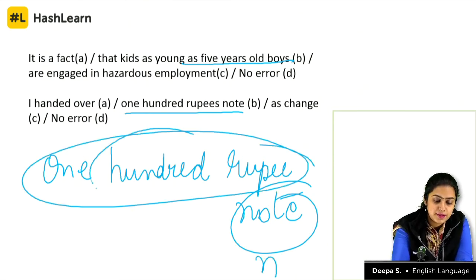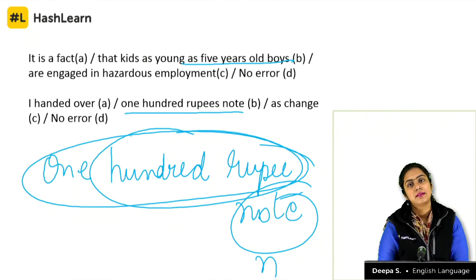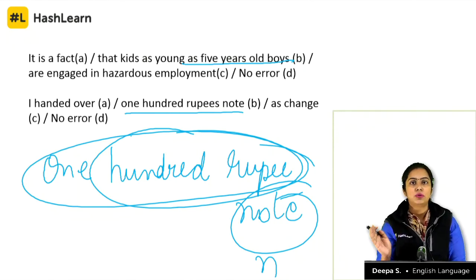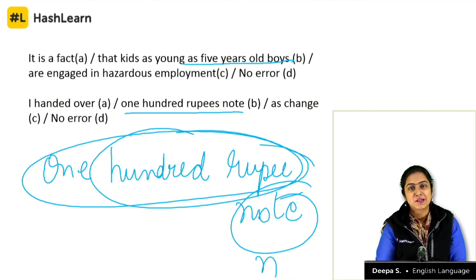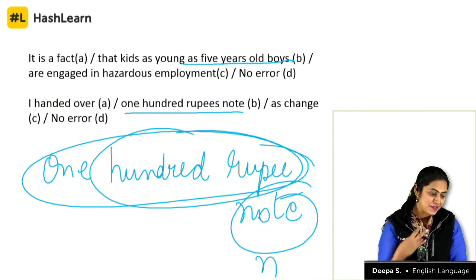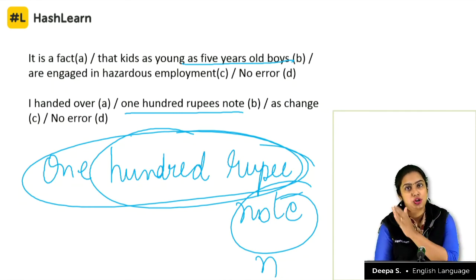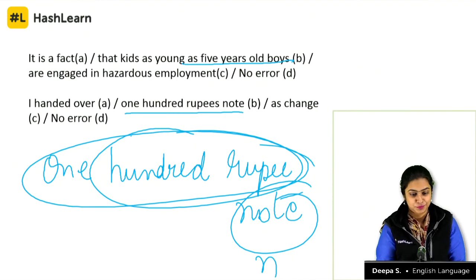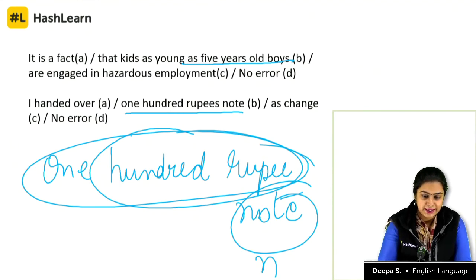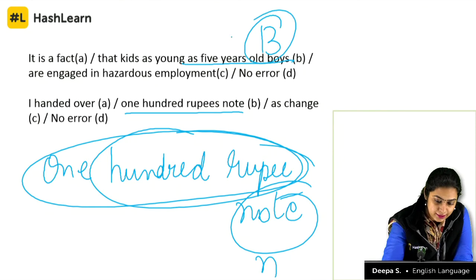This becomes the adjective phrase. 100 rupee note and not 100 rupees note. Although when we speak, it just comes naturally to us and we say, give me 100 rupees note. No, we are wrong there. The right form of that particular phrase is 100 rupee note. So here the answer is B, and here the answer is B again.